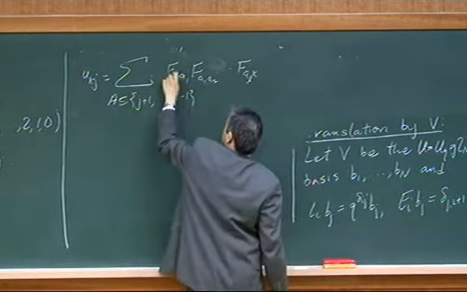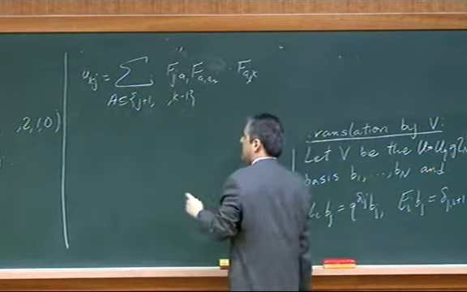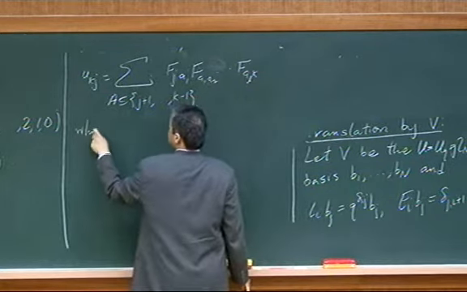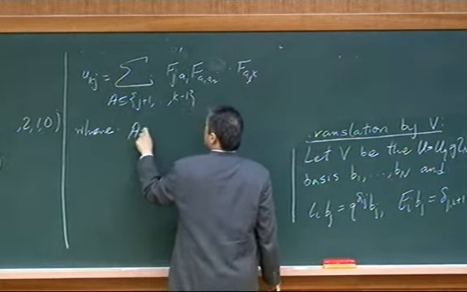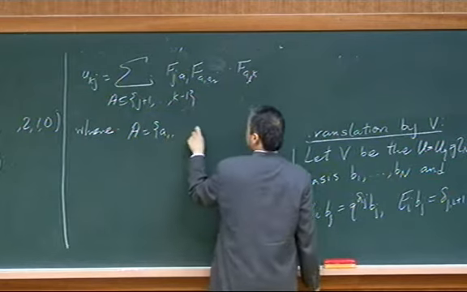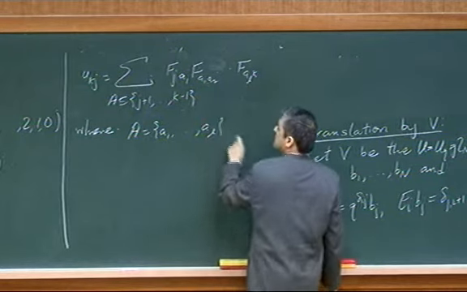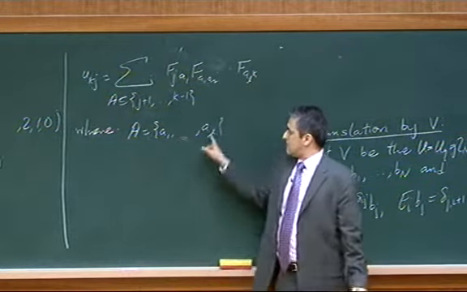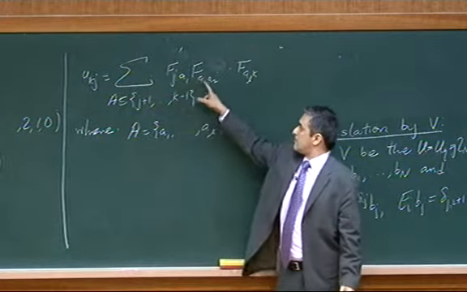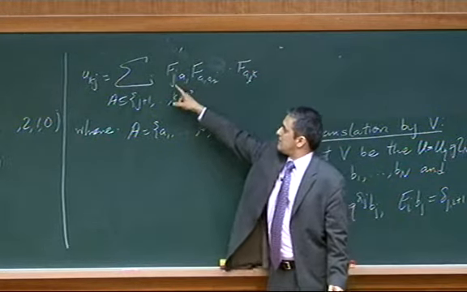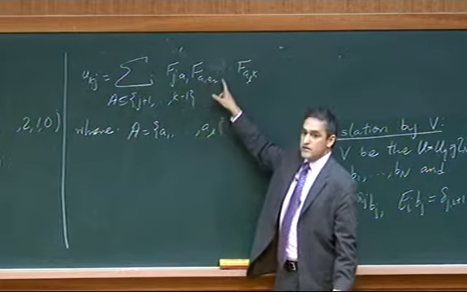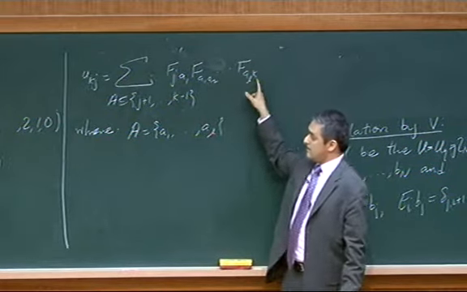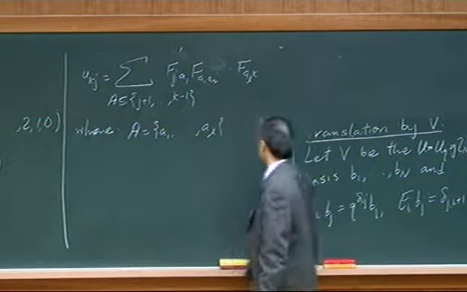You should think of the subset as a_1 up to a_l. So I just take this subset and I take the product of the elements F_{j,a_1}, F_{a_1,a_2}, F_{a_2,a_3}, up to F_{a_l,k} in the PBW basis.